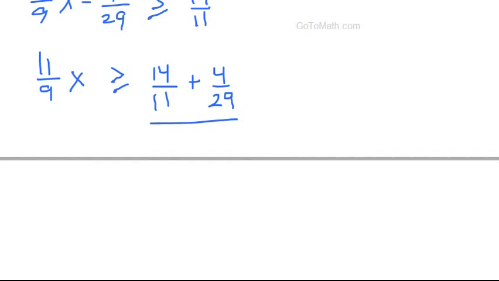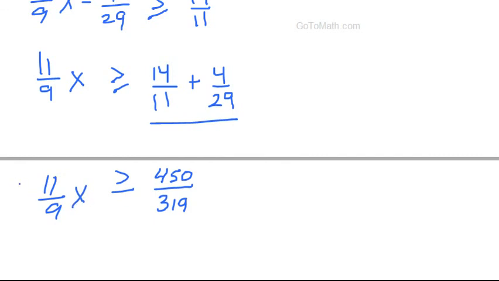14 over 11, got to get a common denominator, do some cross multiplication, pull our hair out, if you got any. Thank God I still got hair. 450 over 319. 11 over 9x.